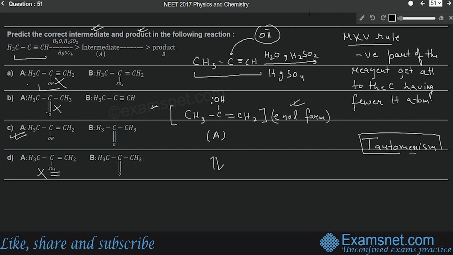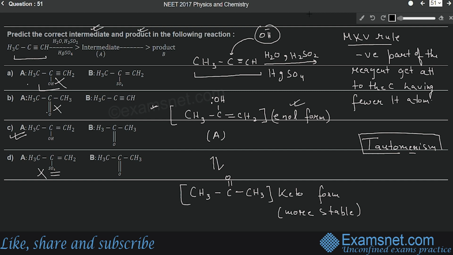Okay, so let's draw the keto form. Due to the delocalization of electrons, it will exist in the keto form as well. So this is the keto form. Okay, now here out of these two, the keto form will be the more stable form, and due to this it is considered as the major product or the final product, right?